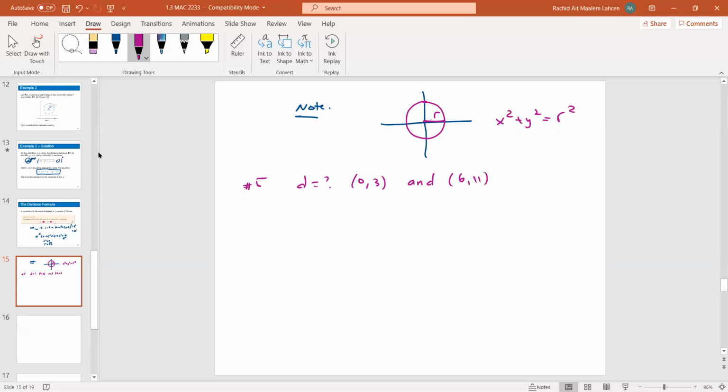One way is to draw this on the Cartesian coordinate system and measure the distance. Another way is to call these point 1 and point 2 and use the formula: the square root of (x2 minus x1) squared plus (y2 minus y1) squared.